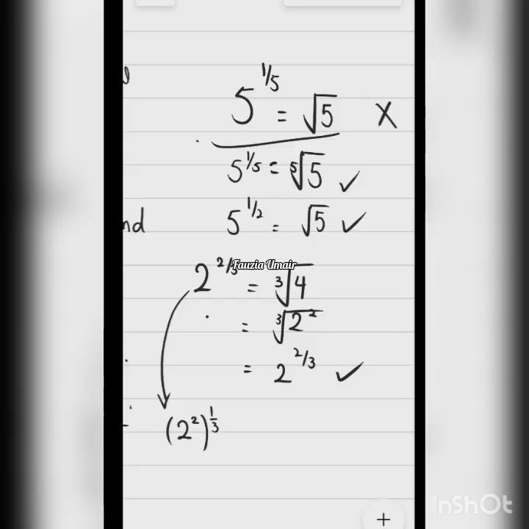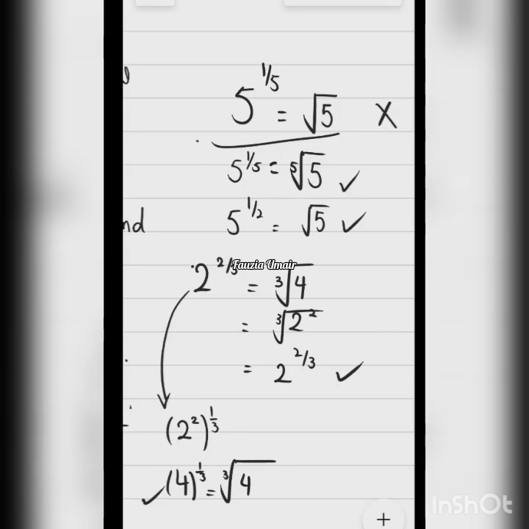I'm separating this 2 by 3 as 2 multiplied by 1 by 3, power of power, and this 2 square is 4. So 4 power 1 by 3, or this is a fractional power, so I can change it into radical. So this form can also be converted into this one.